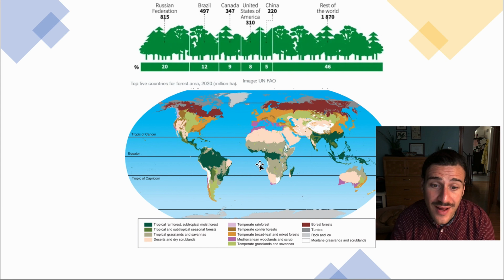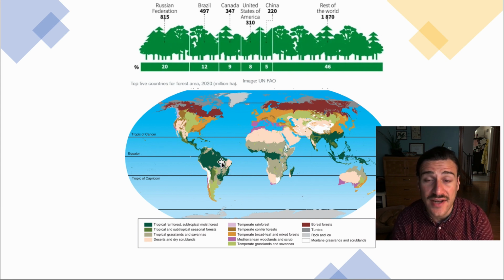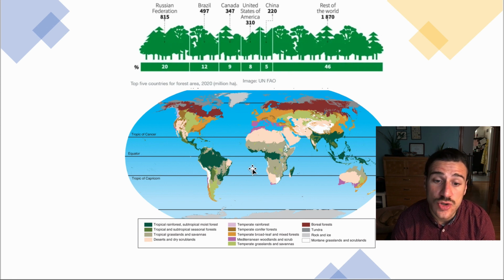You're going to learn later on that the Amazon is super productive, and it actually releases 20% of the Earth's oxygen. So really, really crazy. So size does matter here, but it is also tied to the type of biome and the global position of that biome.